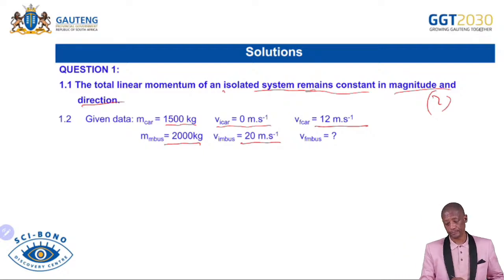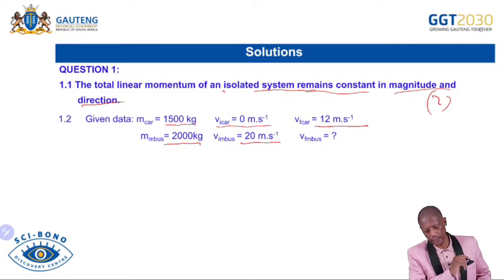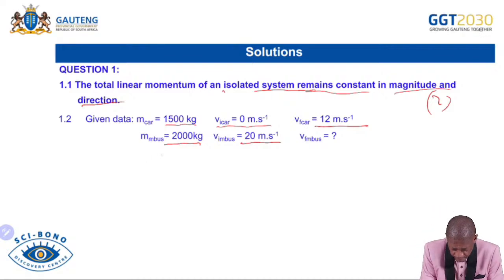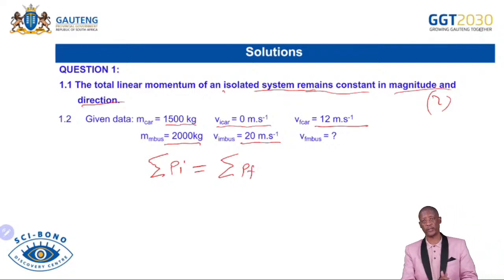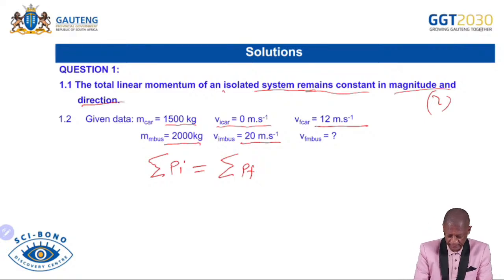But now we need to apply that. So we write: total momentum initial equals total momentum final. This is where you get the first mark.